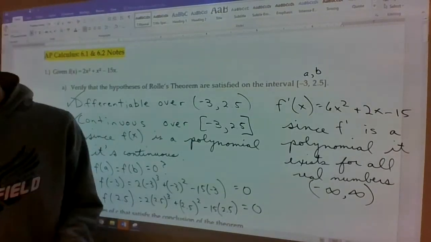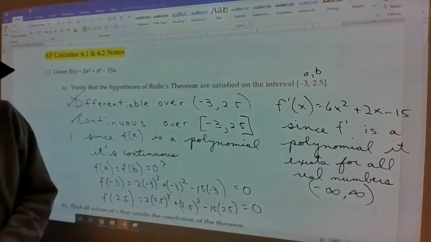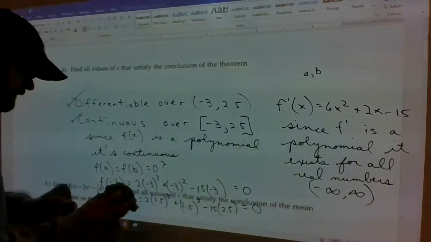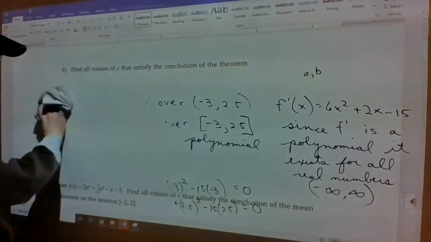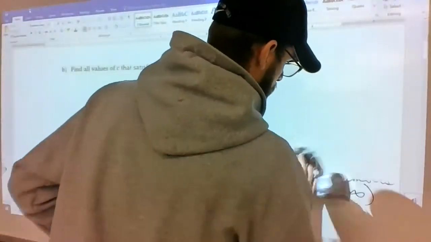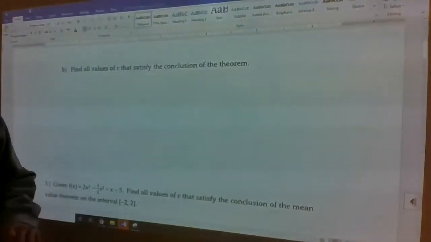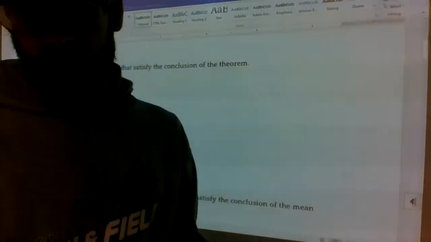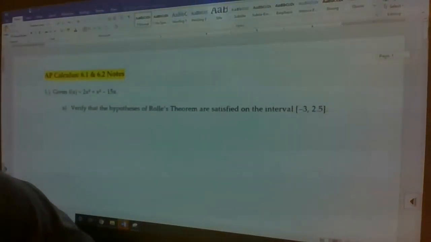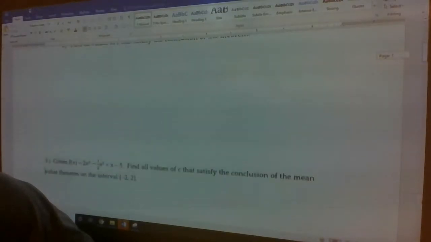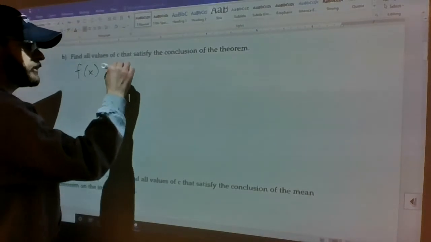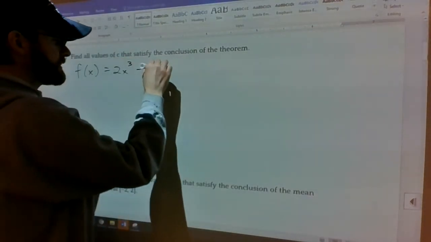Now, part B. Oh no, what are we talking about here? We're still talking about 2x cubed minus... 15x.